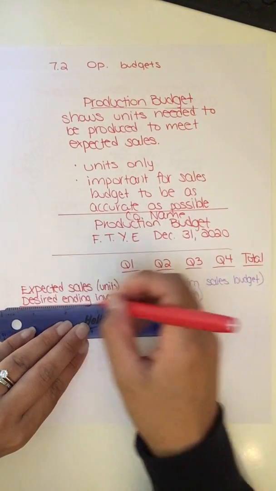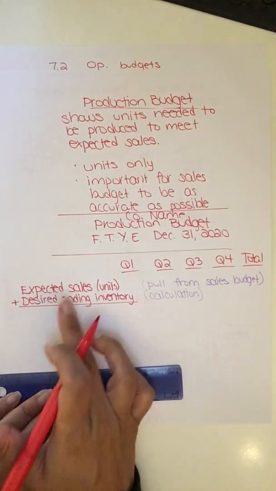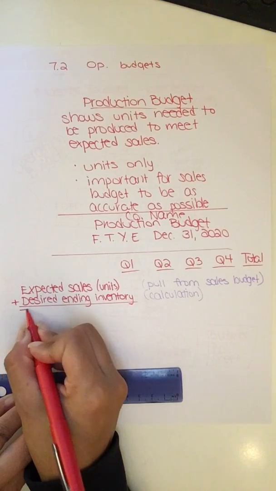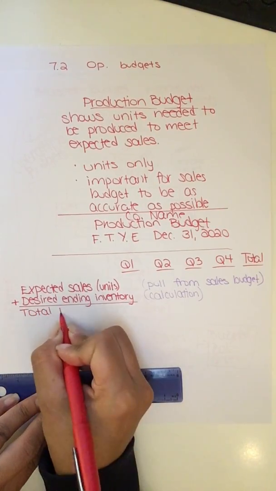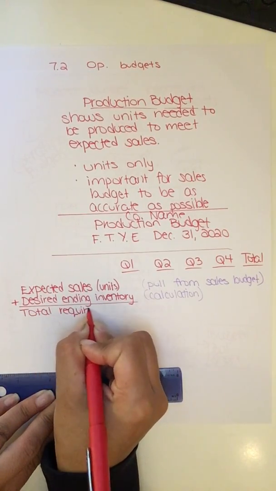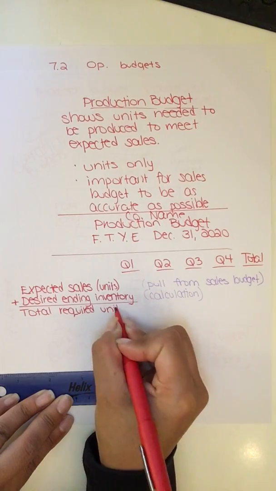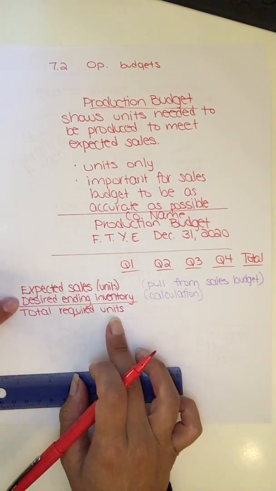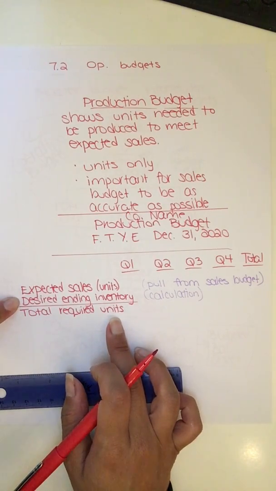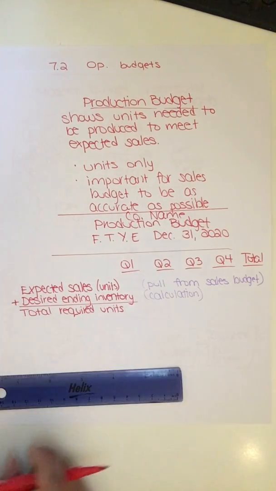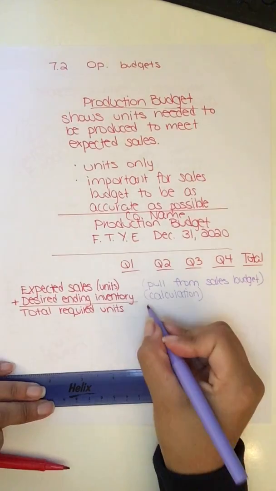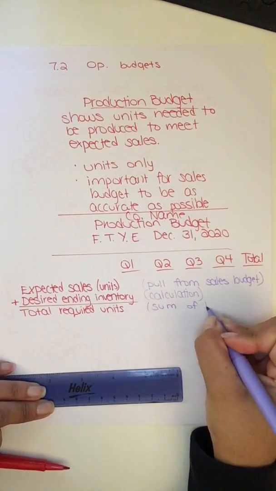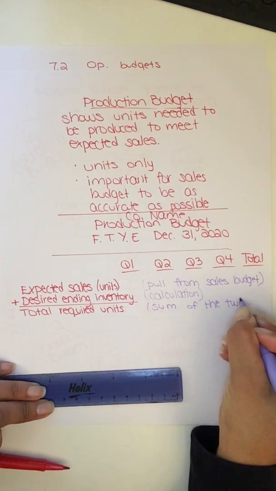We're going to add the two of these together. So add expected sales plus your desired ending inventory, and that gives you total required units. This is how many units the company needs to have on hand to meet sales and meet management's desired cushion. Okay, so you're just adding there. So this is the sum of the two.